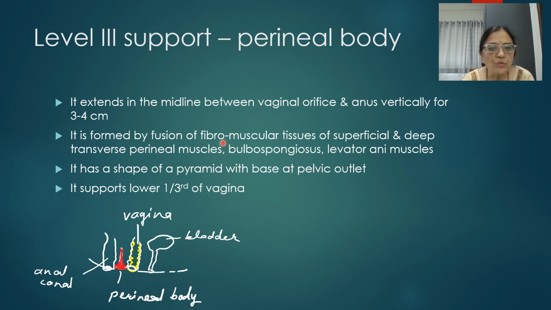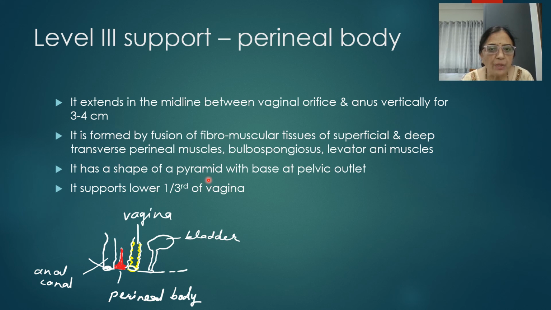It is formed by fusion of fibromuscular tissues of the superficial and deep transverse perineal muscles, bulbospongiosus, and levator muscles. All these muscles merge in the center and form a fibrous structure called the perineal body, which supports the lower one-third of the vagina.